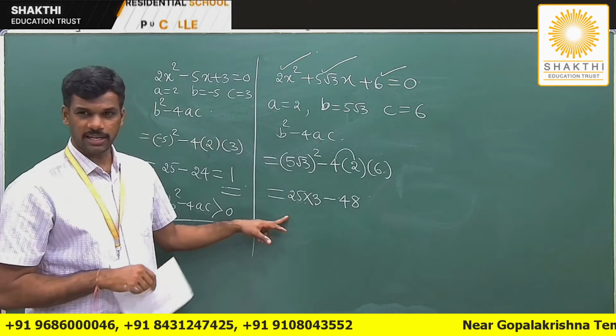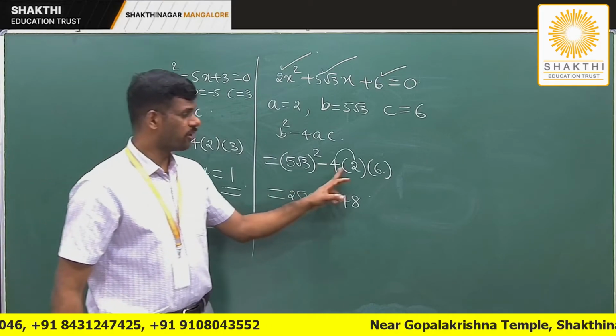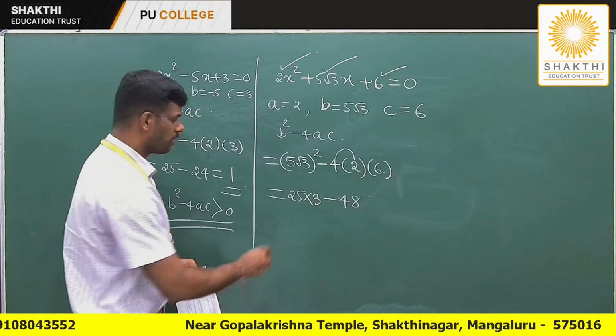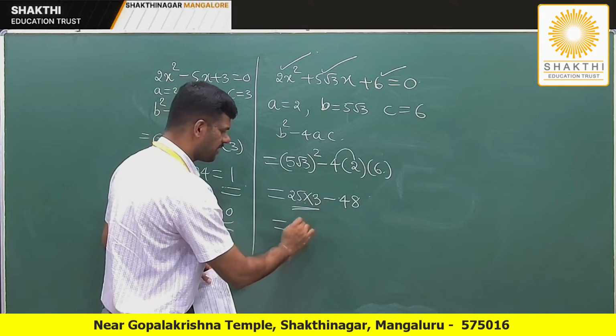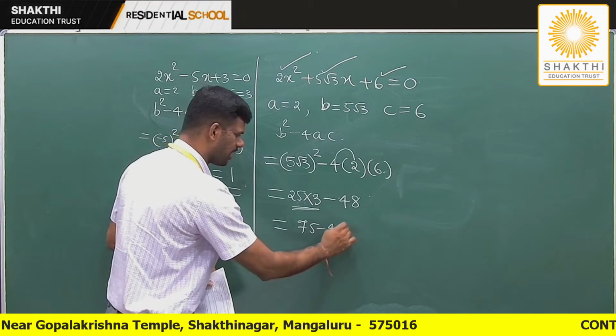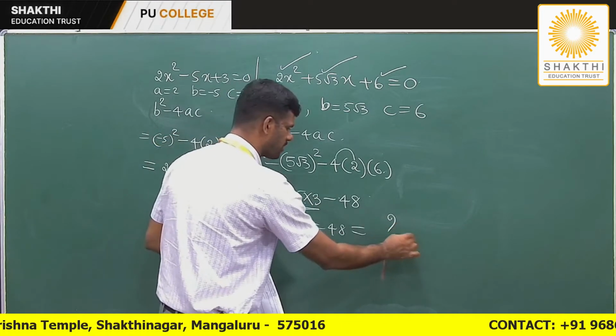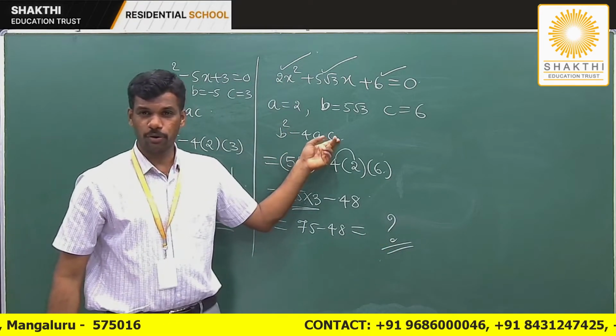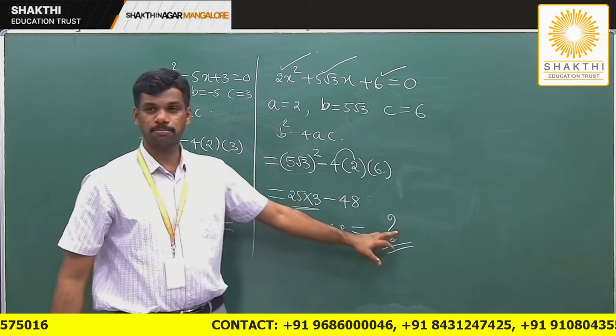It is very clear. 4 into 2 is 8, 8 sixes are 48. Now, if you simplify this, 75 minus 48. What number do I get is a question. Hope you are understanding. b square minus 4ac, in this, obviously, you get a plus sign.